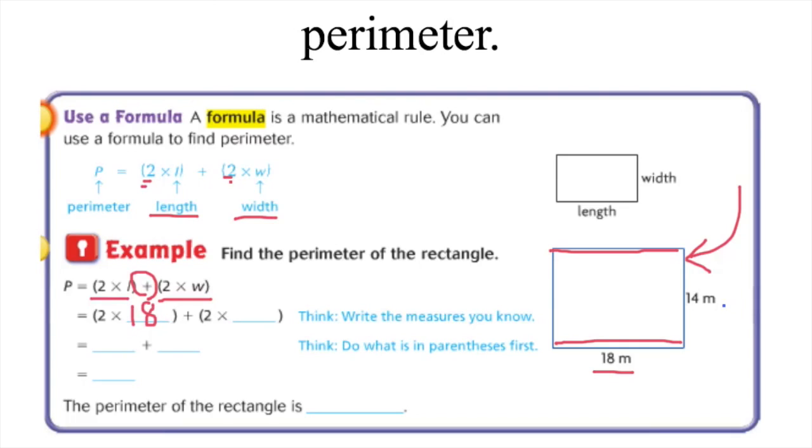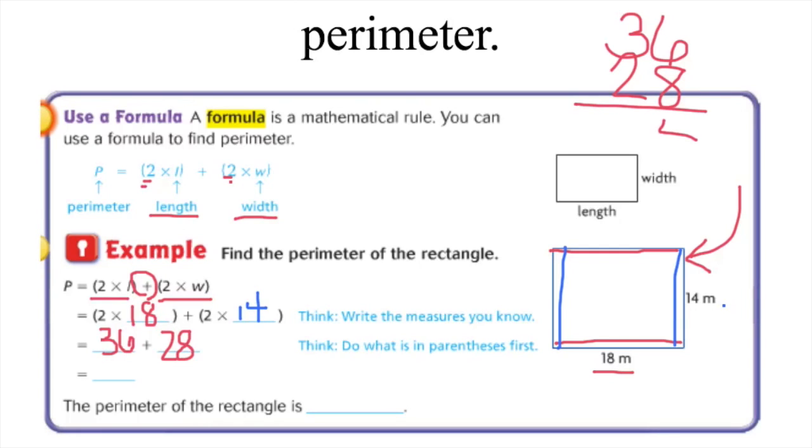I know that there's 2 of 14, one here and one here. So 2 times 14. I know 2 times 18 is 36. I know that 2 times 14 is 28. And when I add these together, I'm going to show my work up here. Not a mental math one for me. I would get 64. So the perimeter of this rectangle is 64.